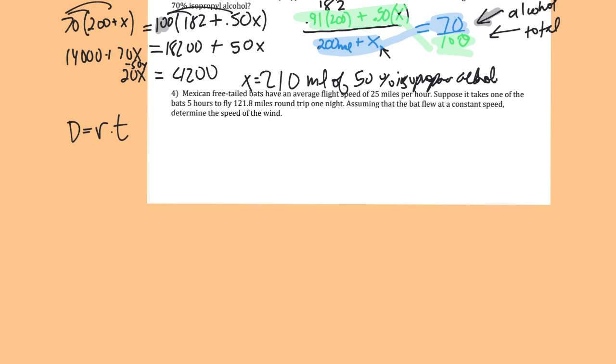If I want the total distance, I could multiply the rate times the time. If I want the rate, I could divide both sides by t, and the rate you go is equal to the distance you went for the time, which makes sense. When you measure your rate, it's in miles per hour.